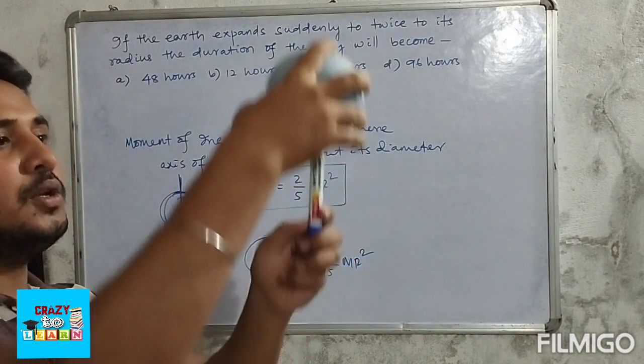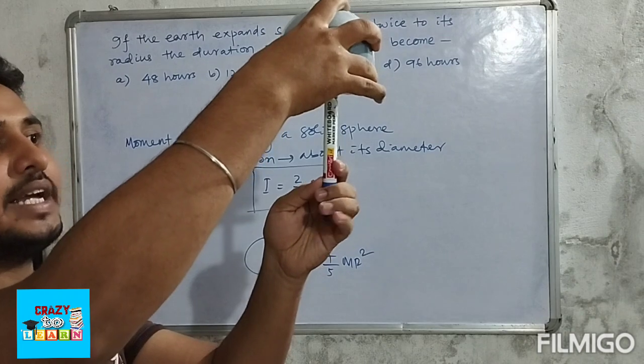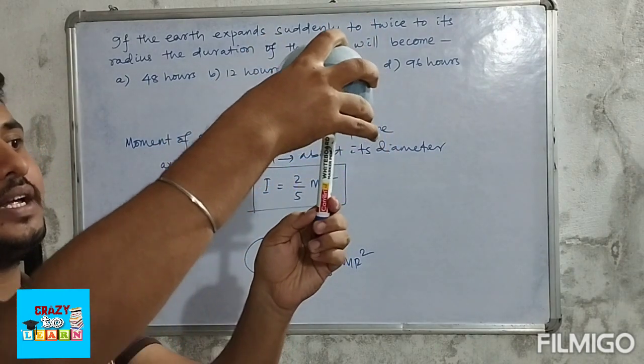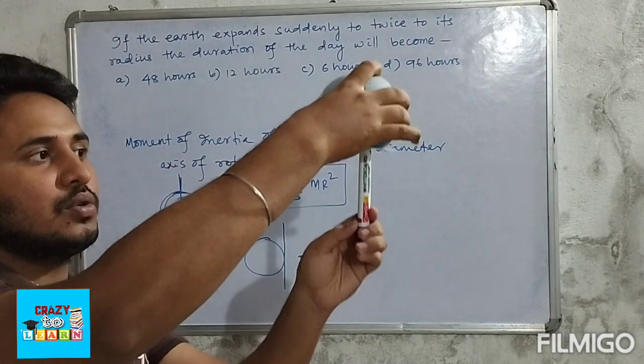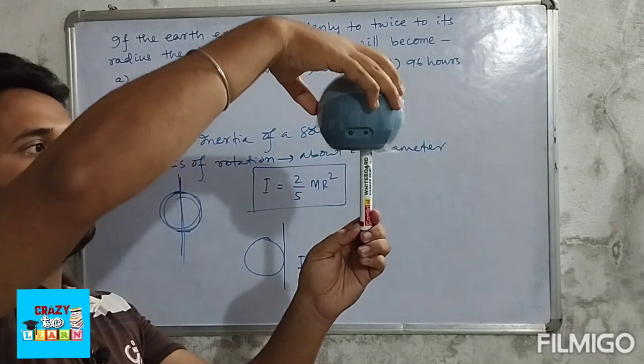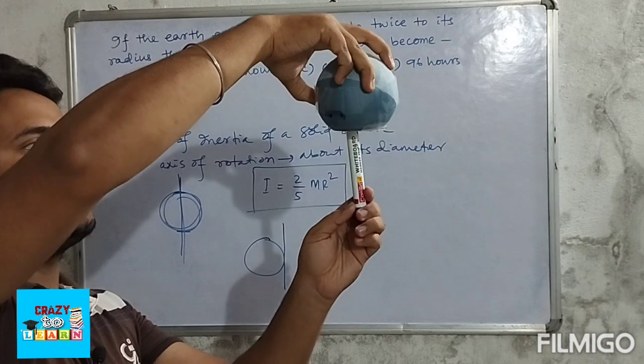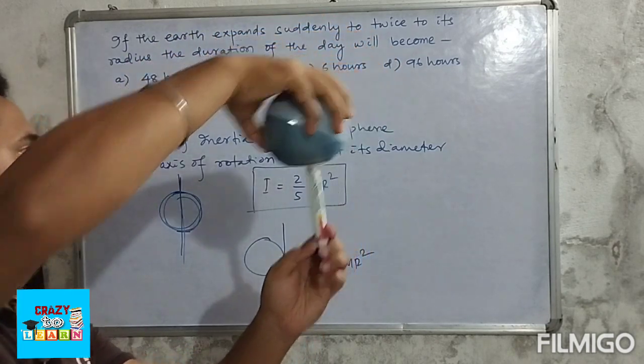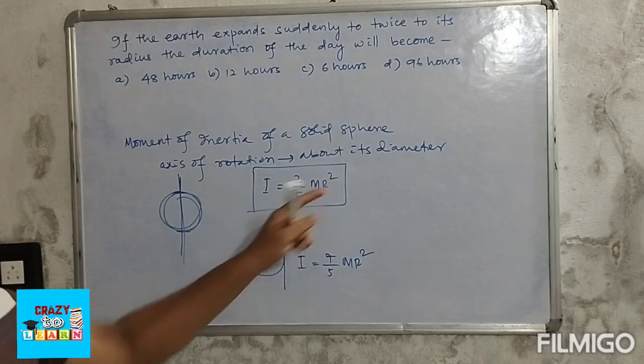If you pass the axis through its diameter and the solid sphere rotates like this, then the moment of inertia is 2 by 5 mr square.